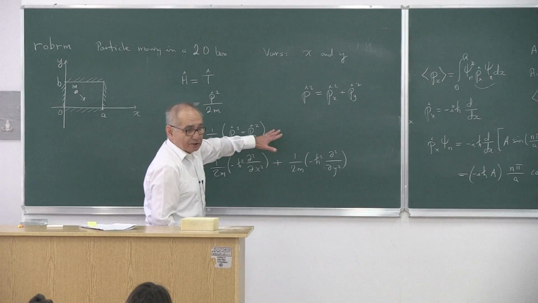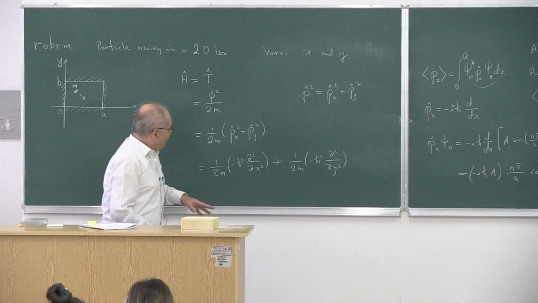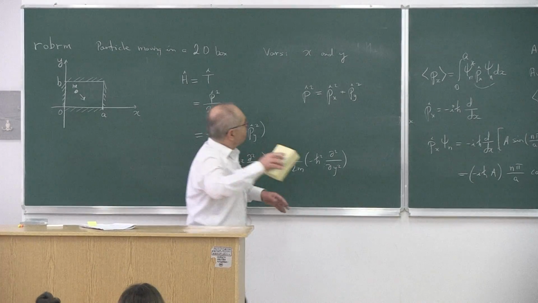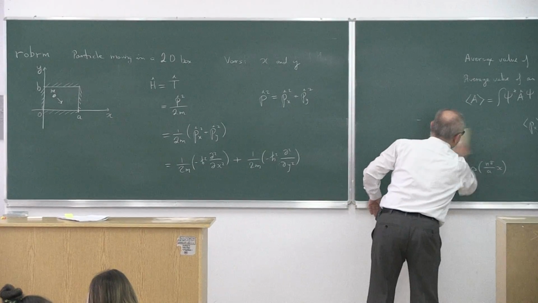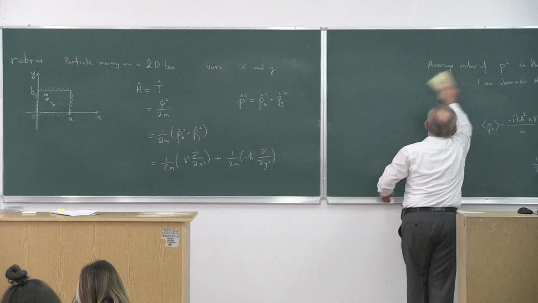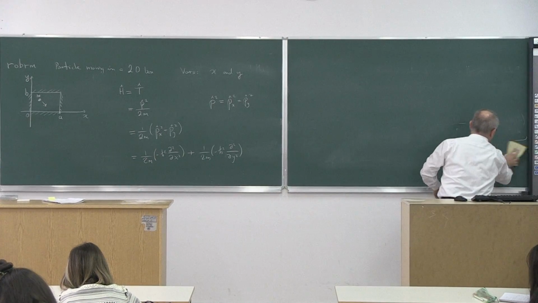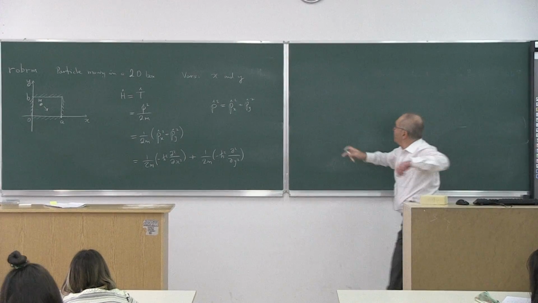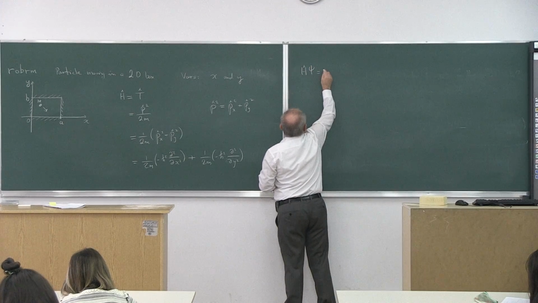These are partial derivatives. X and y are independent variables. Now, what is our problem? Or what is the Schrödinger equation? Simply H psi equals E psi.